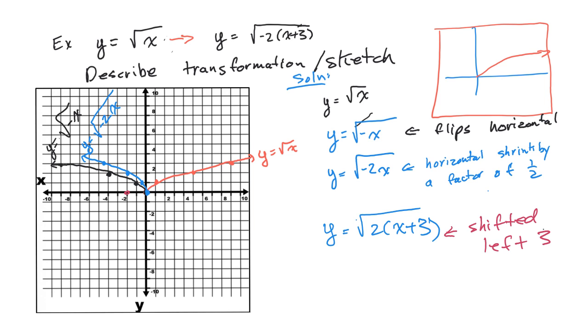1, 2, 3 from the blue graph. 1, 2, 3. So 0.5 plus 3 is going to be 3.5. Oops, I made a mistake here. This value of 2 needs to be shifted over right here. There we go.